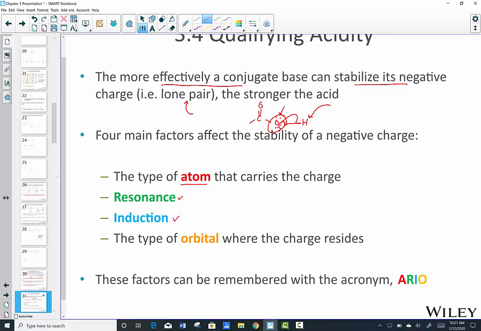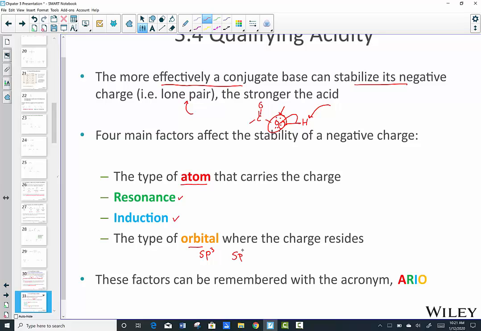Is there a highly electron withdrawing group that will influence the ability to draw electron charge towards itself? Is there a highly electronegative element? That process we'll look at is called induction. And what type of orbital resides on the charge? Is it a tetrahedral, 4 domains, sp3?